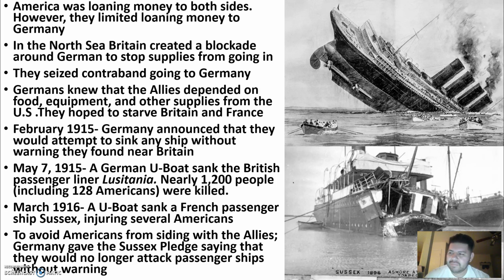They just attacked these poor people because they wanted to retaliate against any ships going towards Britain. We know now that there actually were weapons in the Lusitania, that the Germans were right: gunpowder, guns, ammunition, whatever material could be used as a weapon against the Germans. The U.S. and Britain denied it, but we know now, yeah, there was.